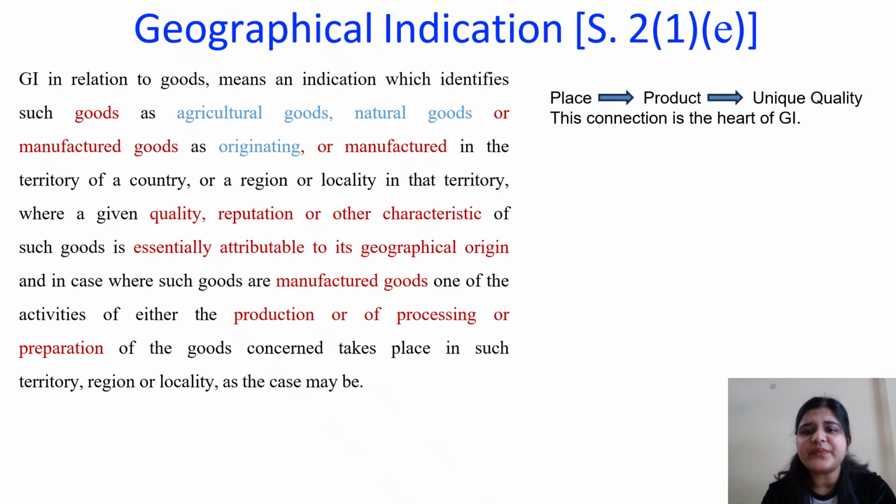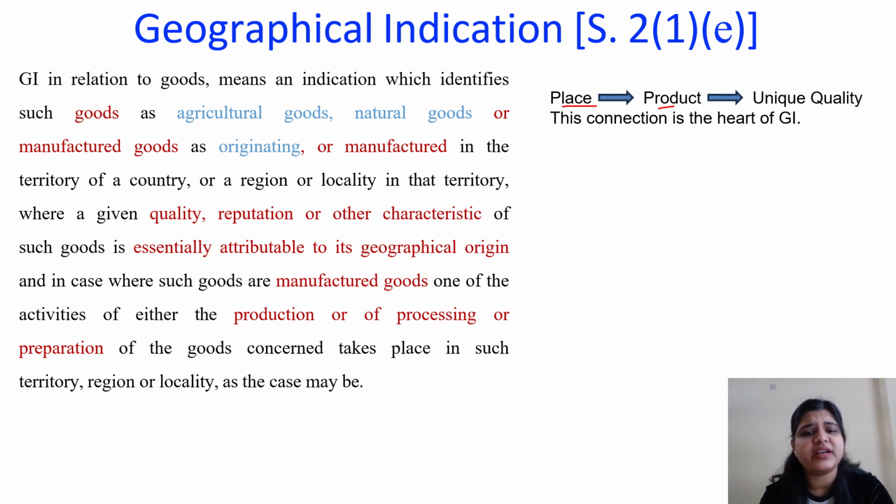So what is geographical indication? The place, product and unique quality must be connected in some way for a product to be a GI.